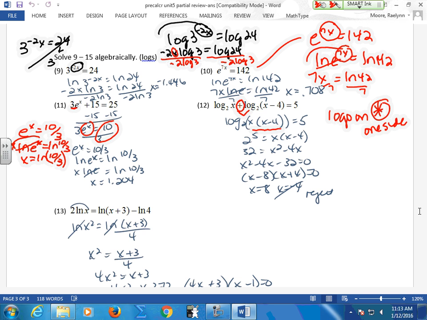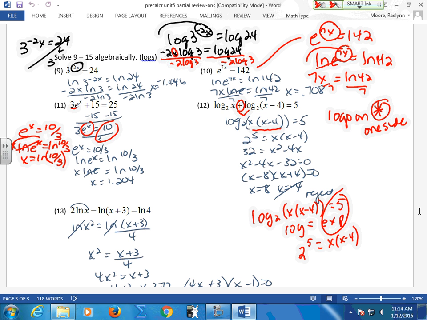I still only have logs on one side, but I'm going to use log equals exponent. Don't worry about this mess in here. Just keep that argument right there. So I'm going to get rid of my log by flipping it to an exponential equation. My base is 2, my exponent is 5, and I'm equal to, yep, this mess right here.